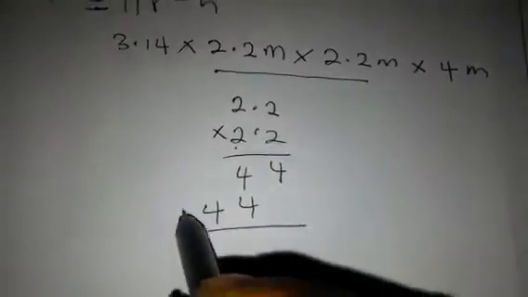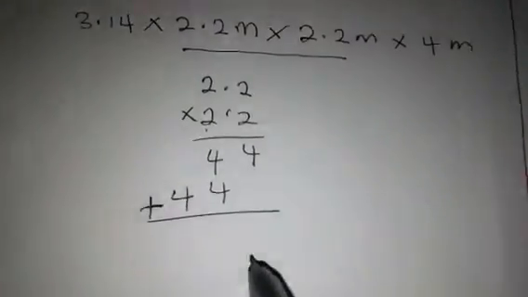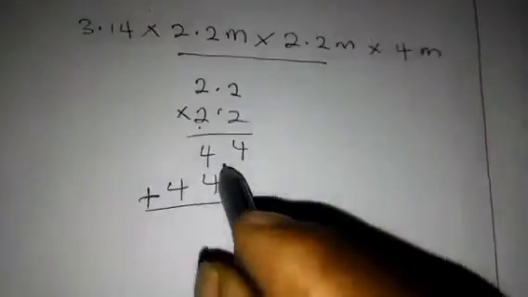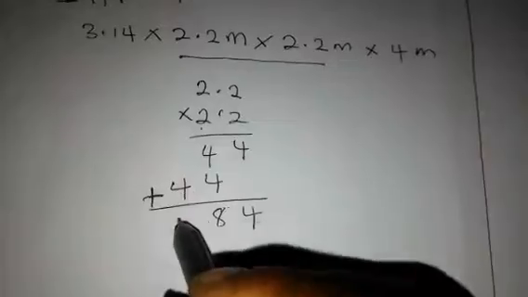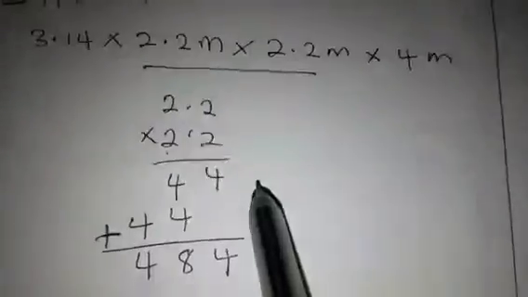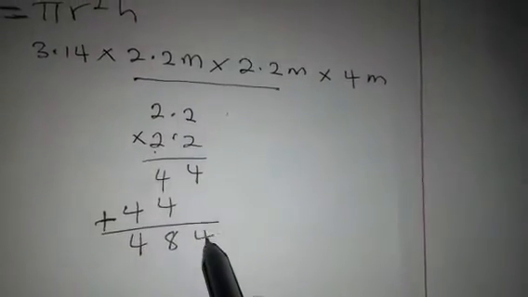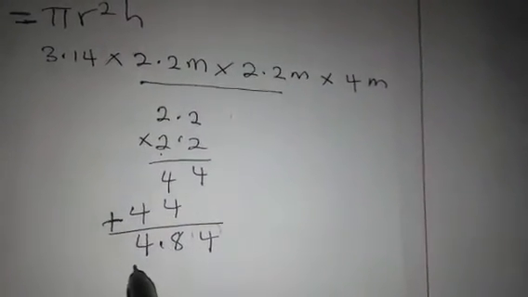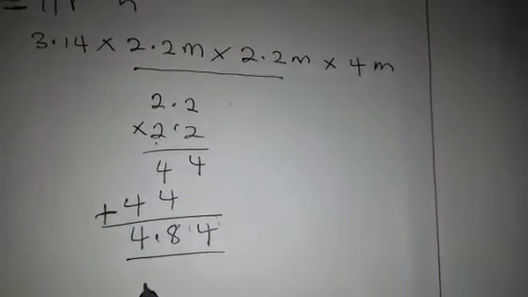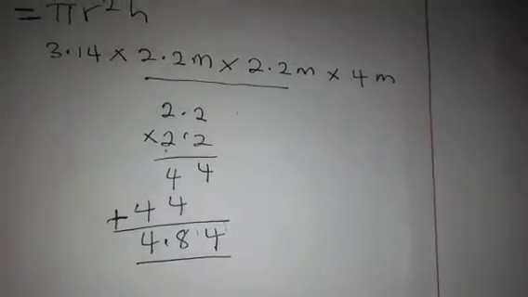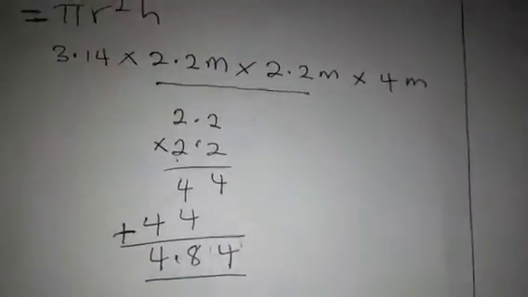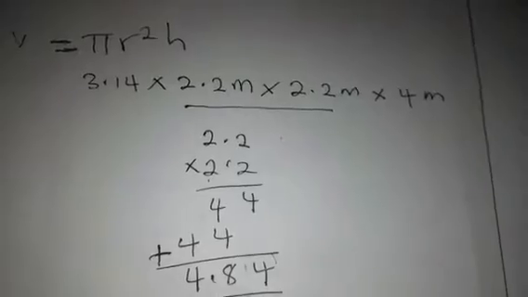We have 4, then 4 plus 4 is 8, then 4. And we have 2 decimal places. So 2.2 times 2.2 gives us 4.84.